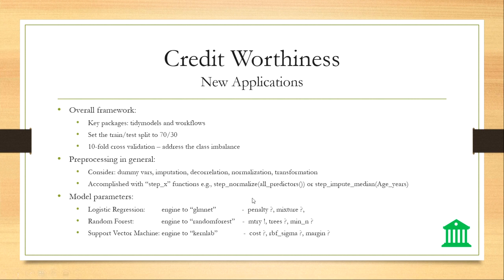So step normalize all predictors. One of our fields, age years, has a couple of missing values, not too many, maybe less than half a dozen. So we will do a step impute median on age years. And there are other step X functions to pre-process our data.